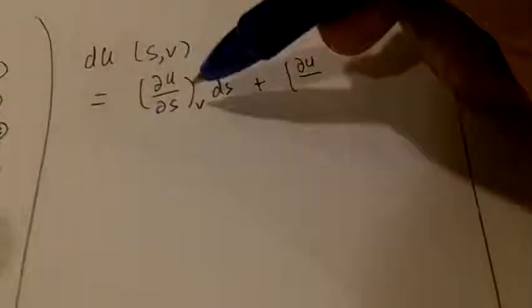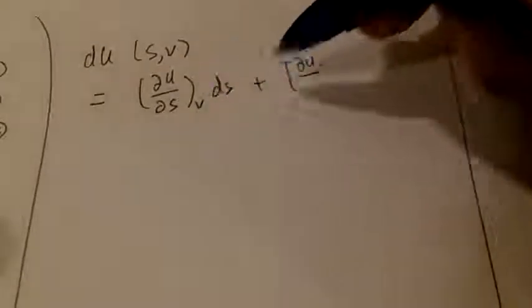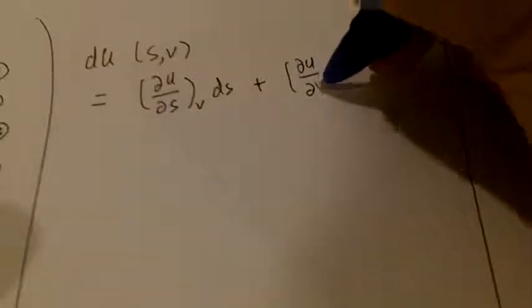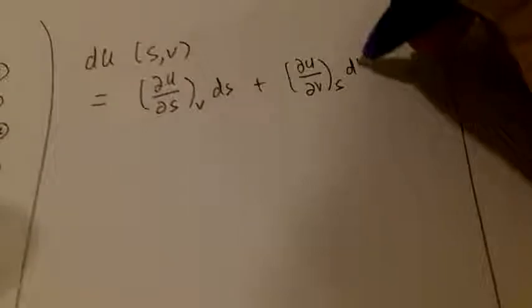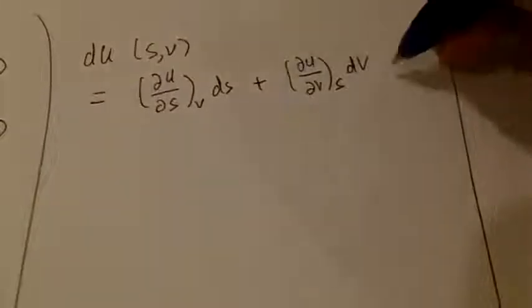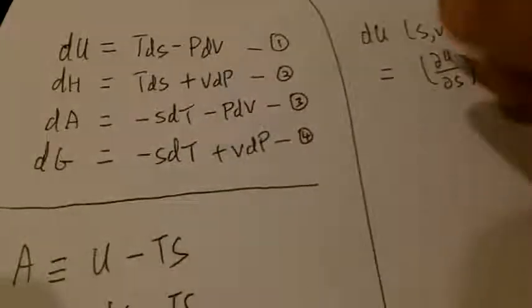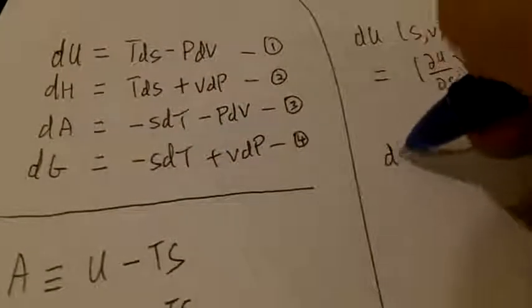So dU equals del U del S holding V constant dS, plus del U del V holding S constant dV. Let's call this equation 5. And you want to compare equation 5 to equation 1.